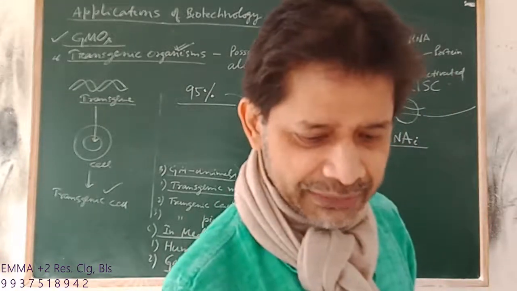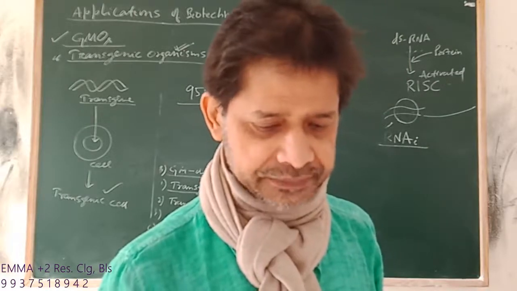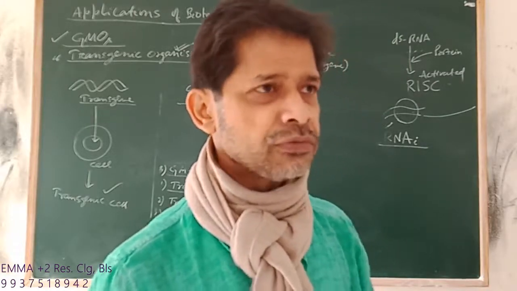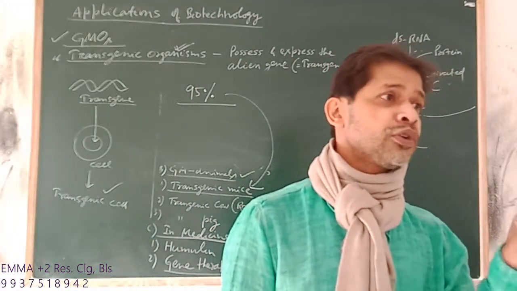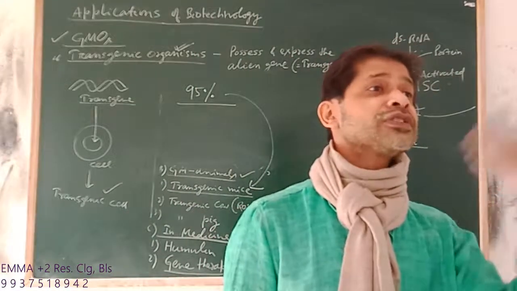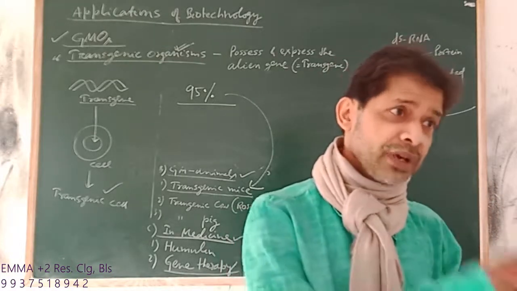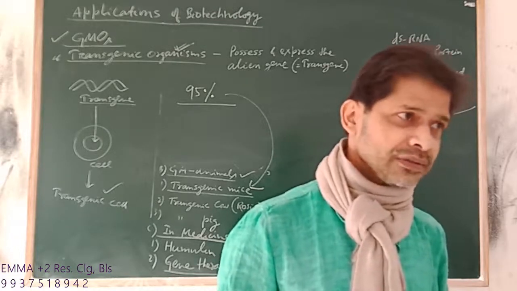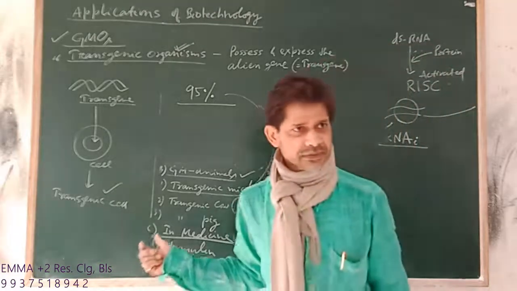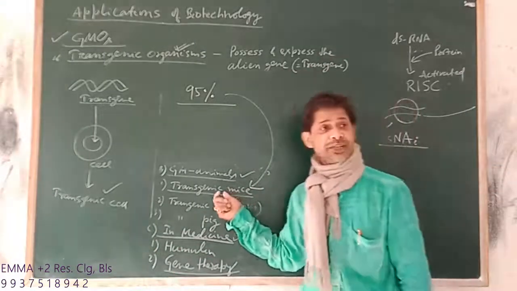Then chemical safety testing or toxicity testing. Suppose one new medicine, new drug is discovered. We don't know the safety of the drug in the human body. It may give some side effects. Before releasing to the market, we need quality control. This is one step. First we introduce that drug into transgenic mice.